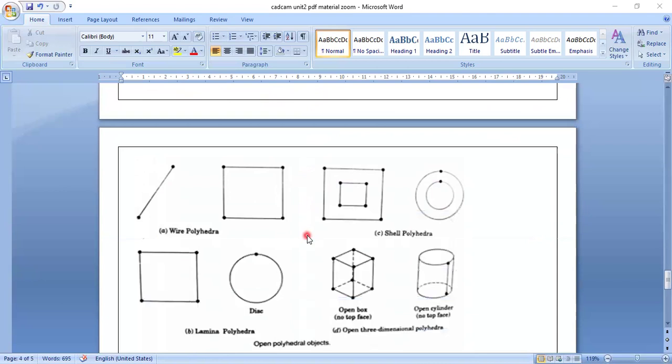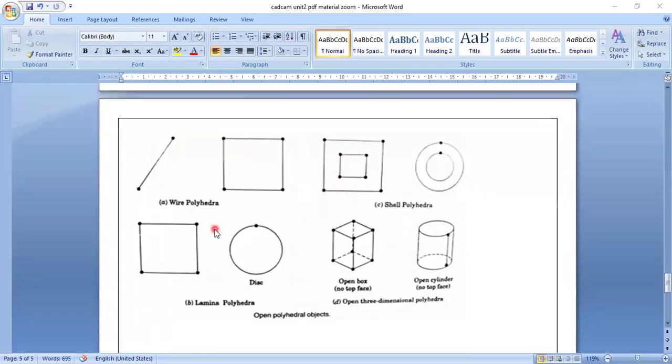Here you can see wire polyhedra, shell polyhedra, a circle in a circle, a rectangle in a rectangle. In wire polyhedra only wires are used. Here lamina polyhedra, a lamina is a thin polyhedra. Here we have an open three-dimensional open box, open cylinder.